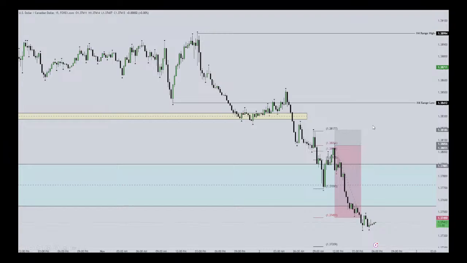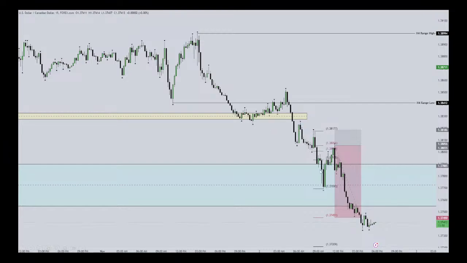So here is a potential entry that could have been taken. Now, I didn't take this entry, but I was tape reading this entry. So we see this is London session manipulation, ran lower, pulled back into the Asian session breaker block, and then continued going lower.